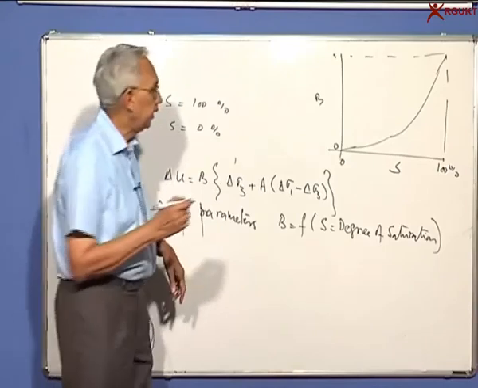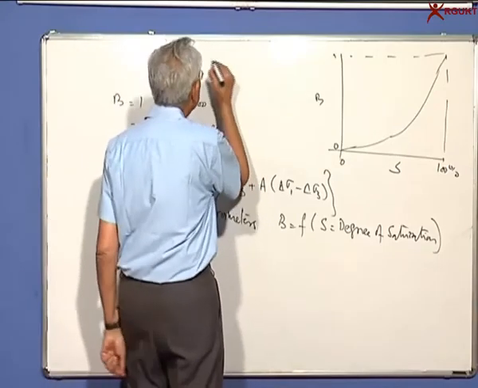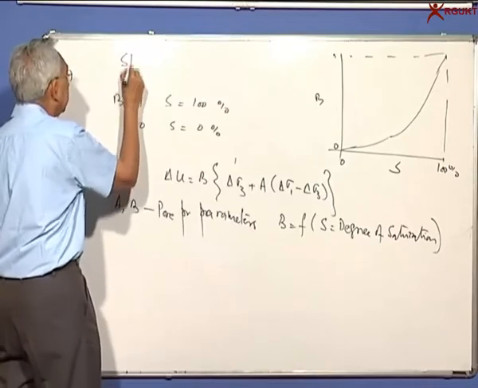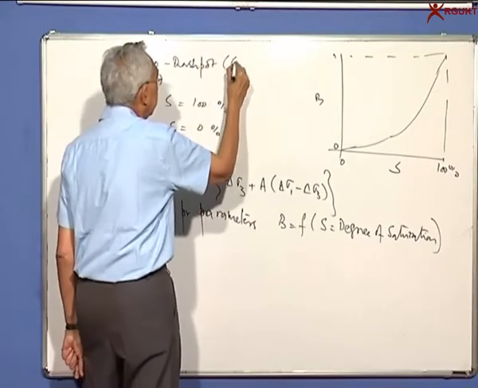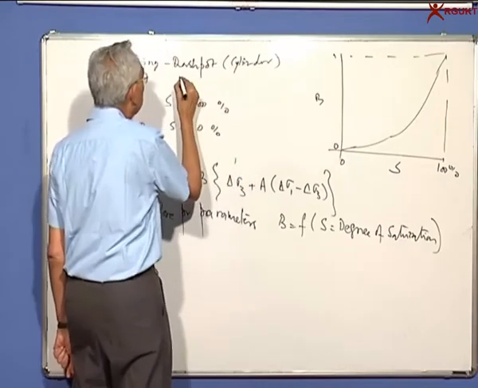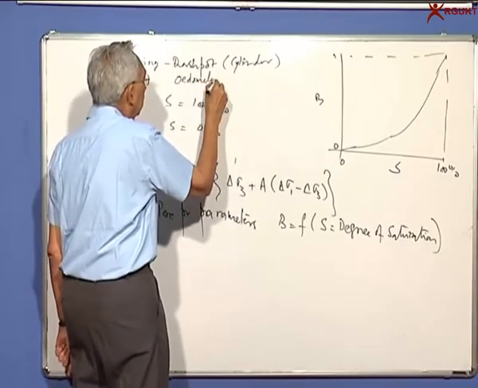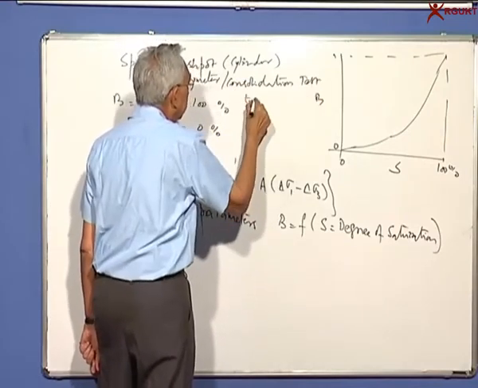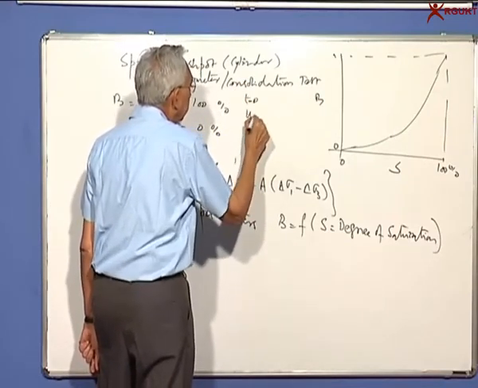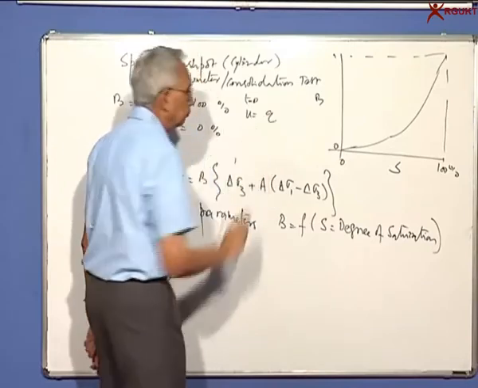You remember the spring dashpot analogy in the case of consolidation of soils? We called it a rigid cylinder. In the odometer or the consolidation test, at t equal to 0, U is equal to the applied stress q.